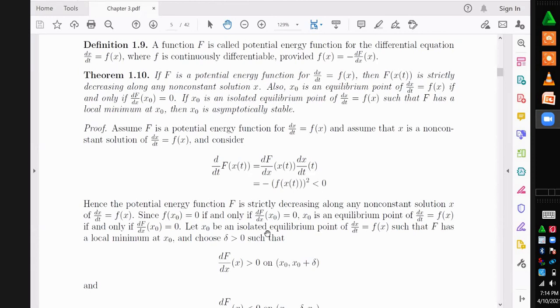Suppose x naught is an isolated point of dx/dt = f(x), such that the potential F(x) has a local minimum at x naught.